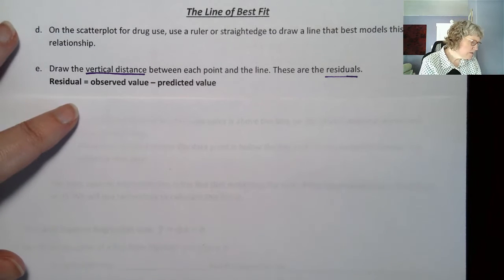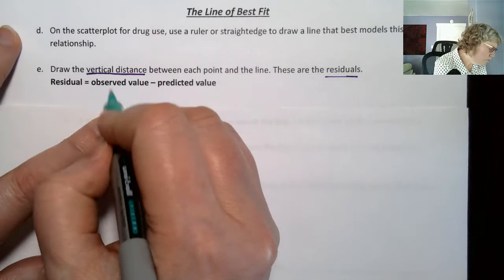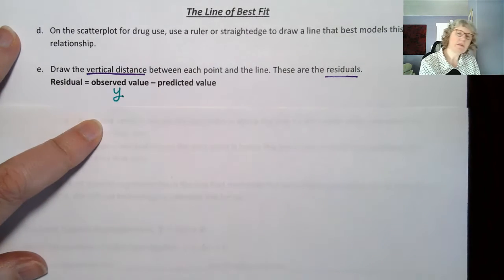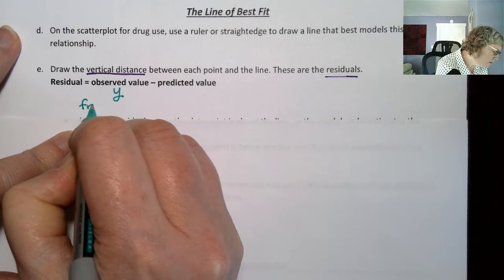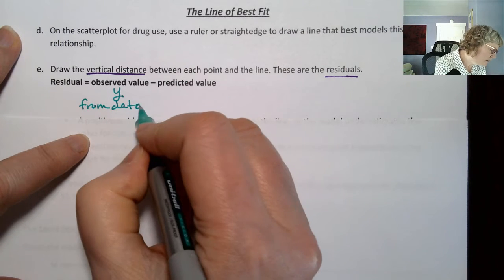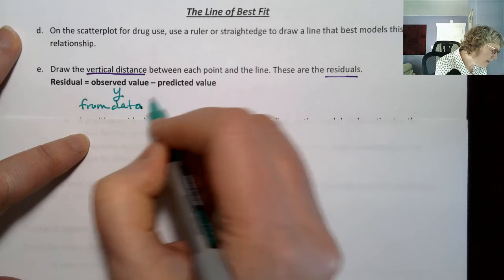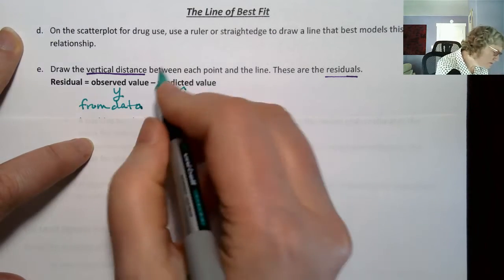The residual is the observed value minus the predicted value. The observed value is the y from the original data, so I'll put y from data. That's the observed data. The predicted value we'll see down below. We're going to call that y hat, from the model.